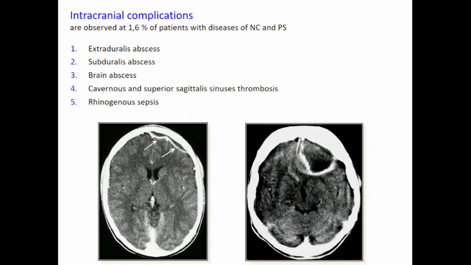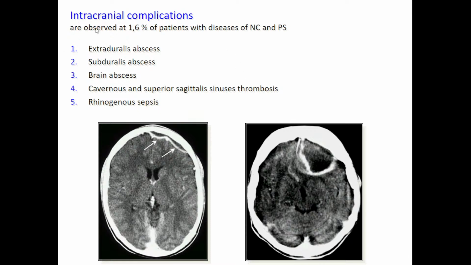And also it may be intracranial complication. Intracranial complications are observed in 1.6% of patients with diseases of nasal cavity and paranasal sinuses. Intracranial complications are divided into extradural abscess. Here it is extradural abscess. No, sorry, it's subdural abscess.